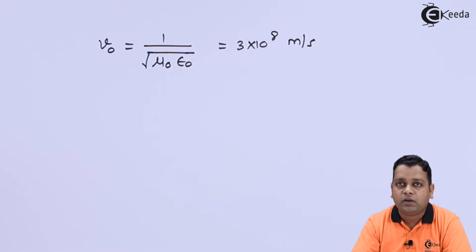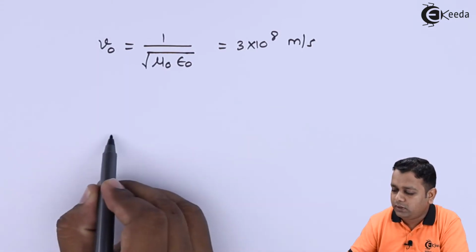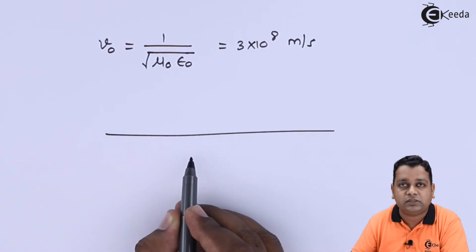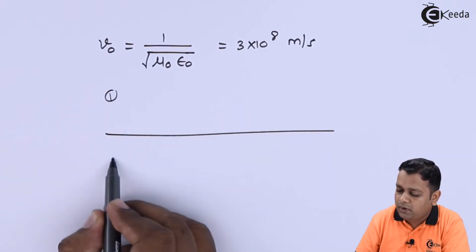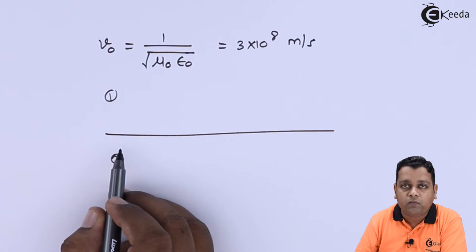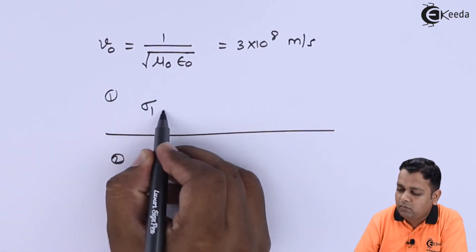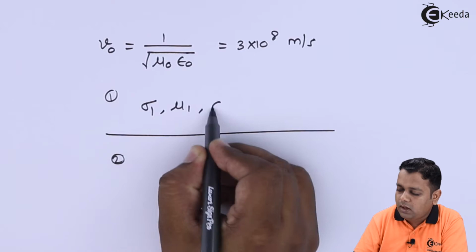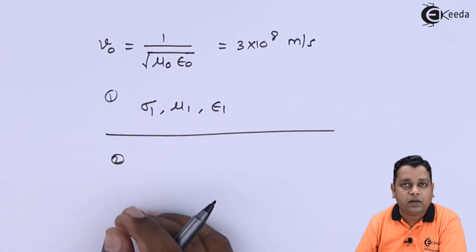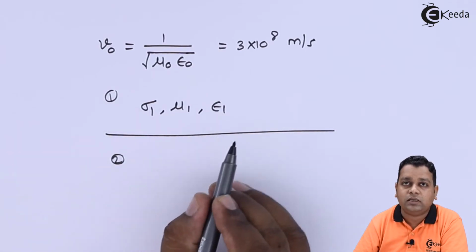So you may have a background from electromagnetic field theory where a boundary separates two media. Here consider that this line separates medium 1 from medium 2. For medium 1, we can write sigma 1, mu 1 and epsilon 1, the three parameters characterizing medium 1.